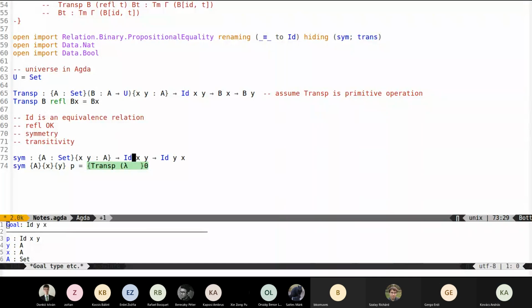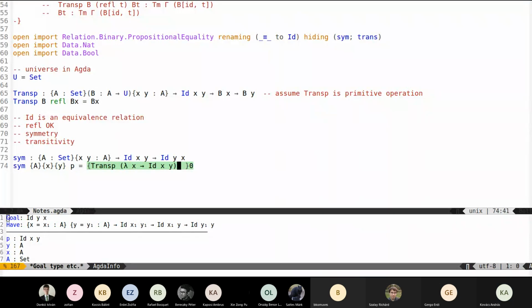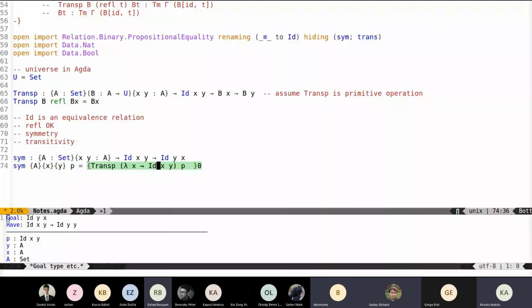So x to y, then I just want to replace x with y. No. Don't call the binder x, that's confusing. You need to flip x and y.